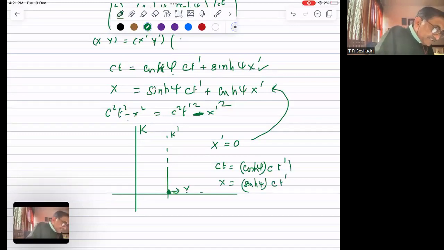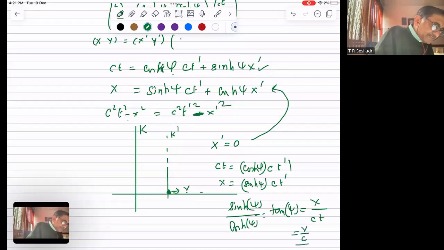If I divide these two, I get sine hyperbolic psi by cos hyperbolic psi, which is tan hyperbolic psi, equal to x by Ct.